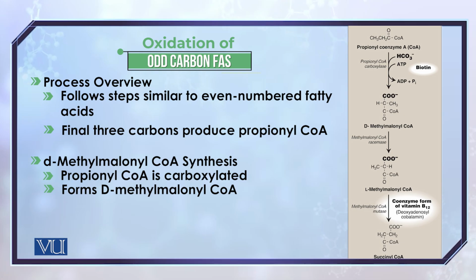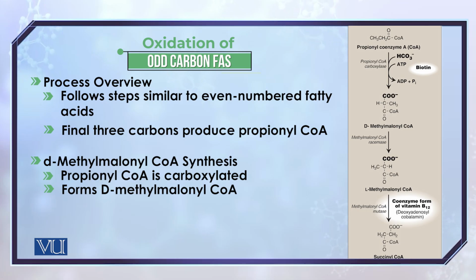That's why nature has devised a different way of dealing with this. So as I have told you, at the end of this chain of events involving the oxidation of the odd chain compounds, you get the propionyl CoA.